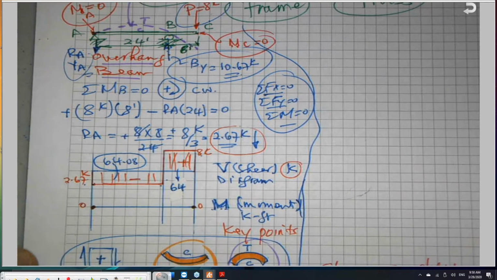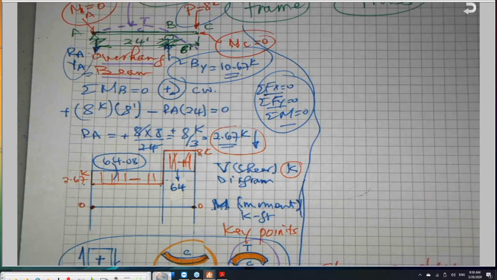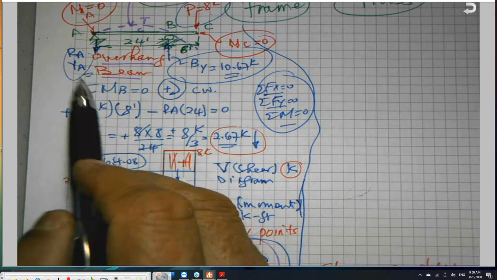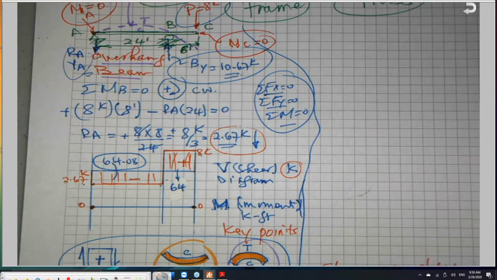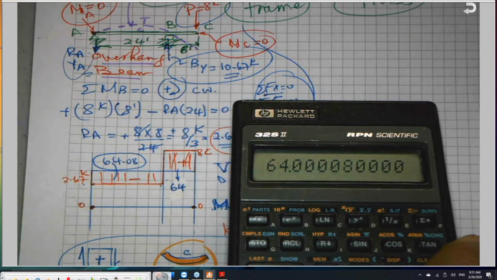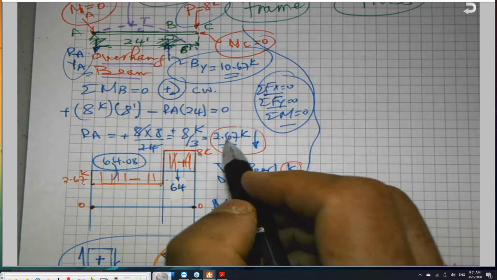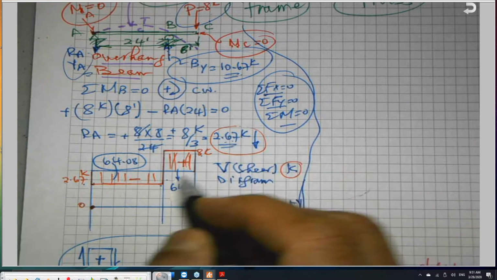Rounding here, if you carry this here, 2.66667, 2.6667, enter, and you multiply by 24, you'll get about 64.000008. But since we rounded to 2.67, this is why we have this here.